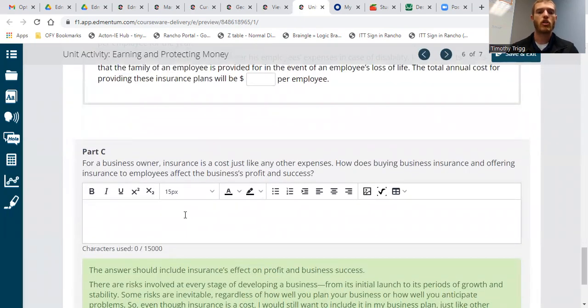For a business owner, insurance is a cost just like any other expense. How does buying business insurance and offering insurance to employees affect the business's profit and success? Well, we already kind of talked about these things, right? Why is buying insurance good? Well, it's risk management, right? Because if your factory burns down, you just lost your business.